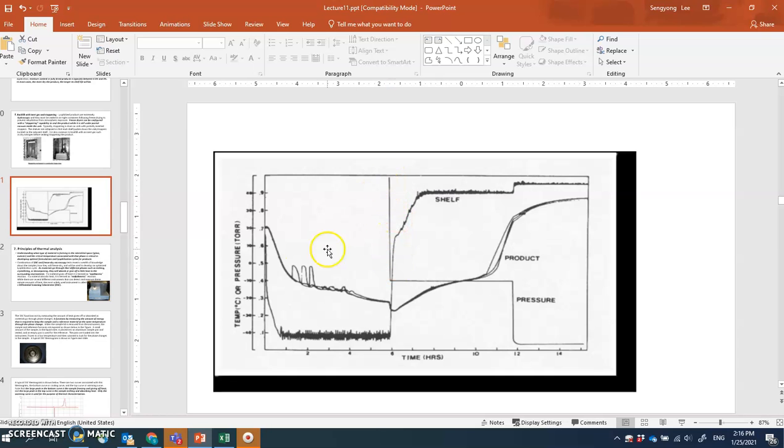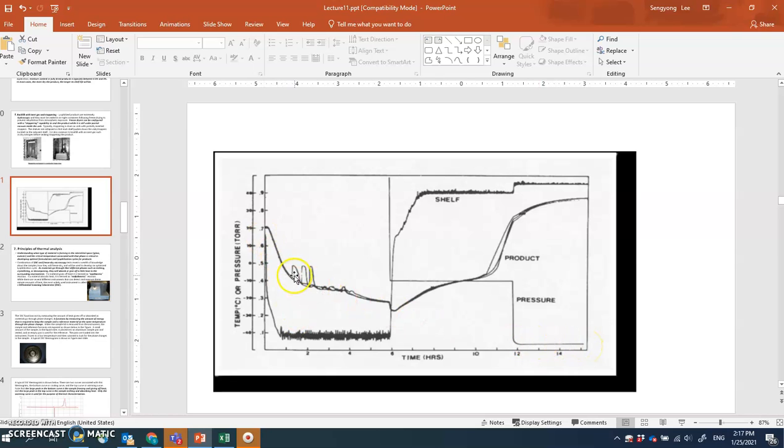So there's no pressure applied during the freezing process, of course, freezing or annealing, right? And then the pressure is engaged when the vacuum step is starting. In this case, maybe after 6 hours of freezing is done, you're starting the drying process, primary drying. And maybe the secondary drying after that.